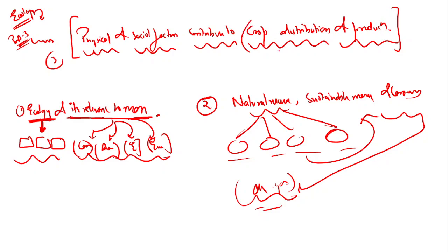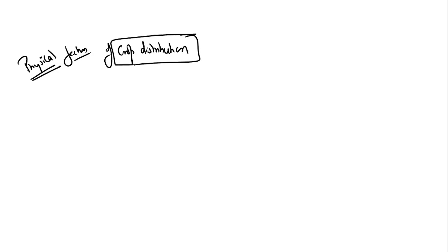That means crop distribution. For crop distribution, what are the physical factors? An important keyword is physical. What do you mean by physical? We are trying to brainstorm the meaning of this part of the syllabus. Physical factors of crop distribution, how crops are distributed, and what the physical factors are.